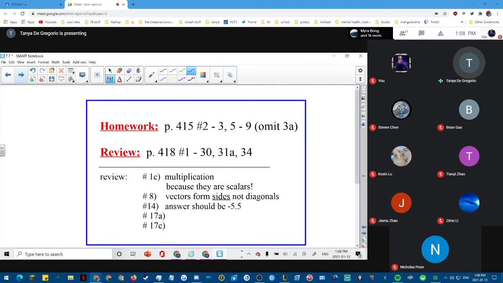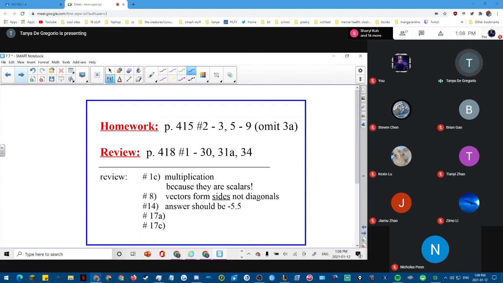Okay, and this is your homework, guys. Page 415, 2 to 3, 5 to 9, omit 3A. Page 14, numbers 1 to 30, 31A and 34 is your review. For 1C, the notes say multiplication because they are scalars. I'm not sure what that's referring to. I have to go back to the book, but I'm sure it will make sense to you when you're doing your work. Number 8, vectors from sides, not from the diagonal.